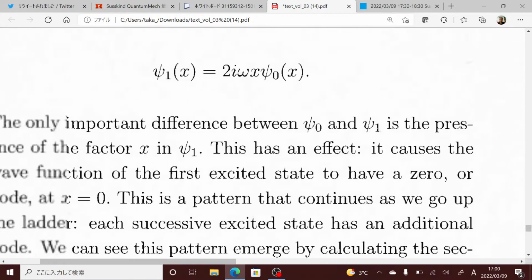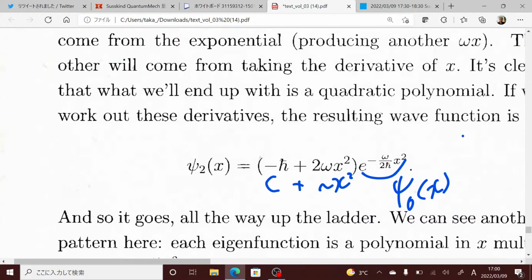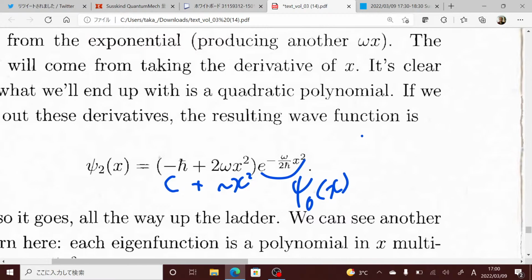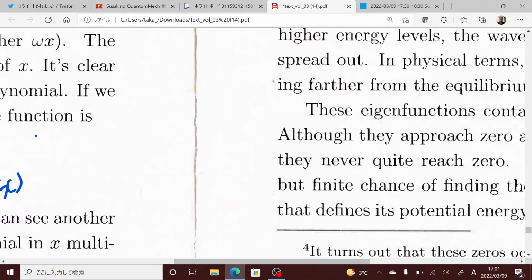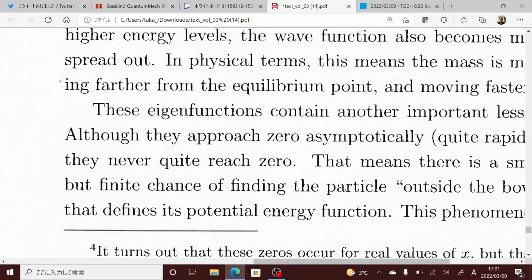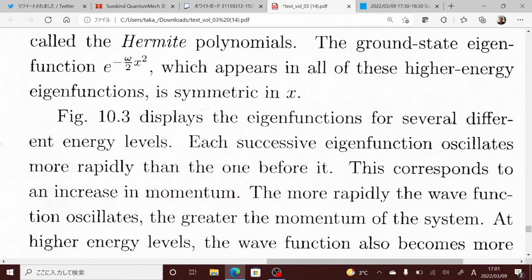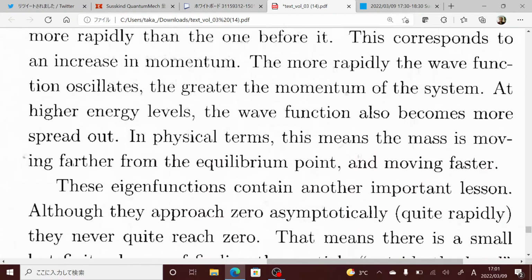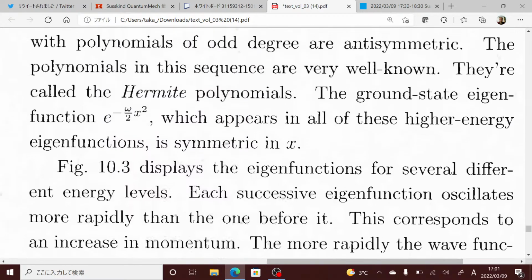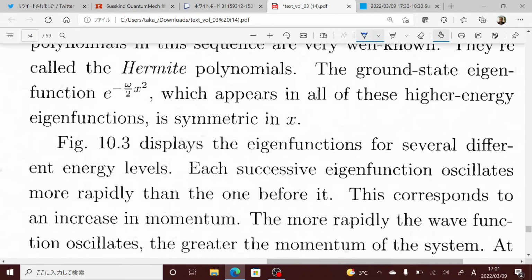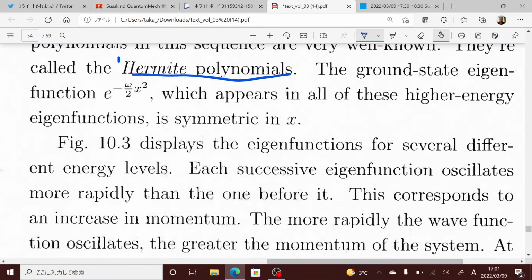Let's see. I was wondering, there is a Hermite polynomial and there is a Legendre polynomial.